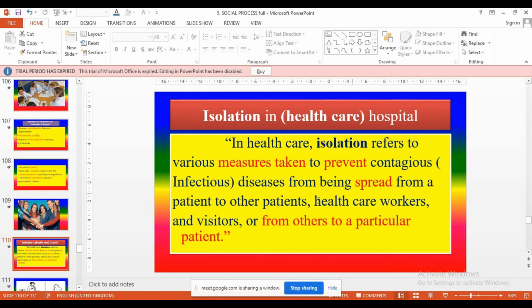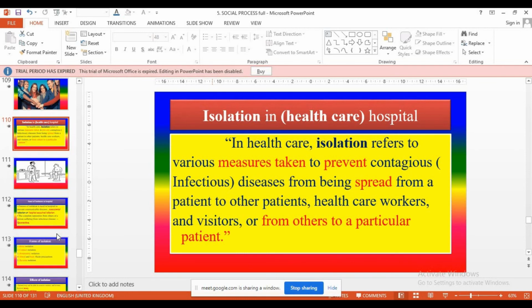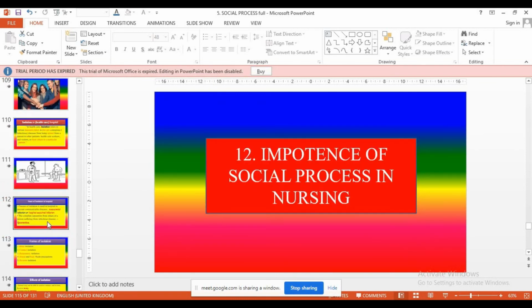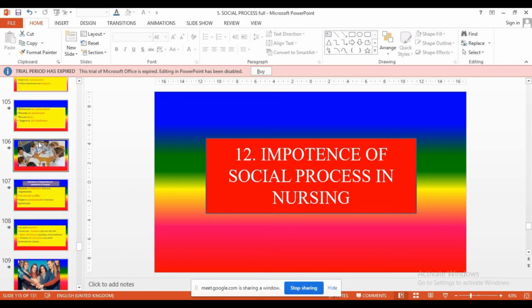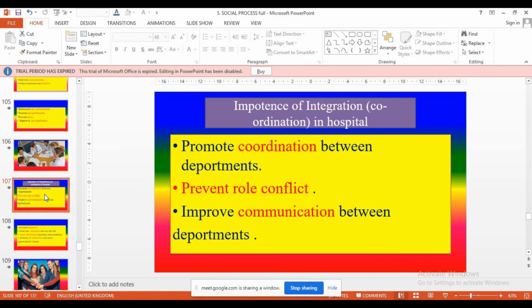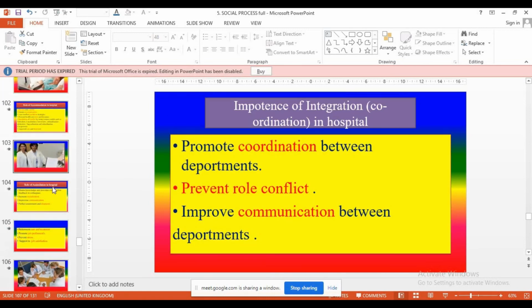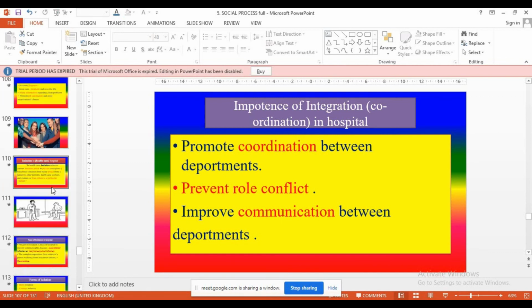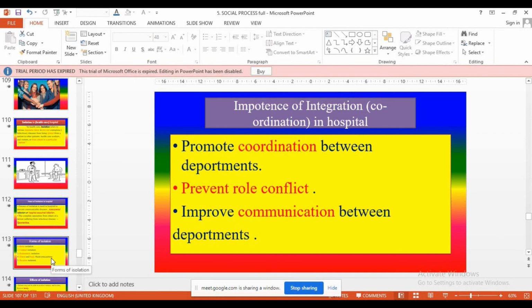Then isolation in hospital will be next day. So what we have learned today?